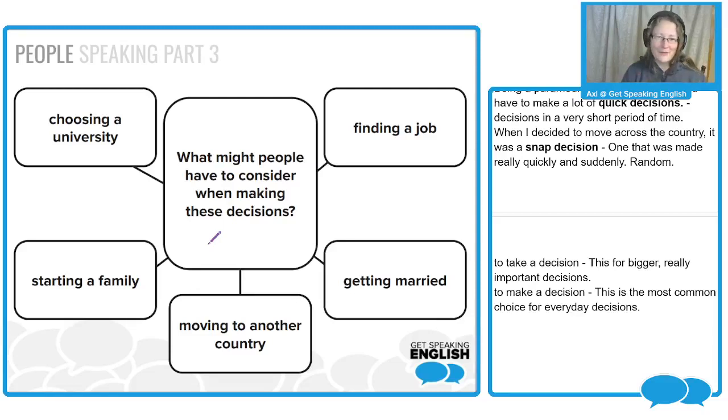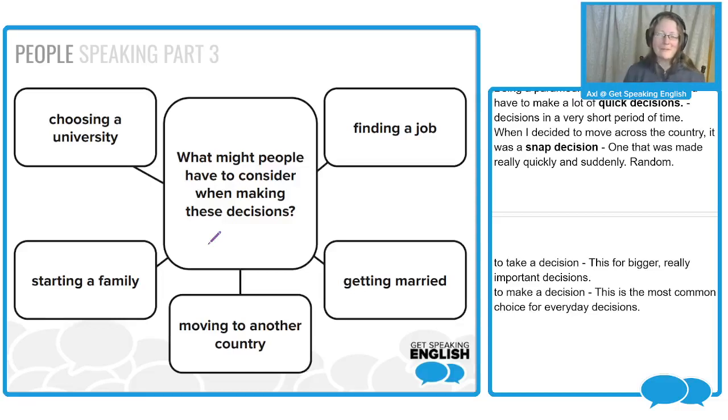You just have to make sure that your ideas are on point, they're relevant, that you're contributing to the conversation. The ideas do not have to be mind-blowing, nothing like that, all right? So always remember you're being evaluated on the quality of your English, not the quality of your ideas, right?